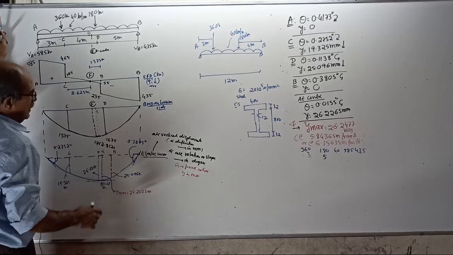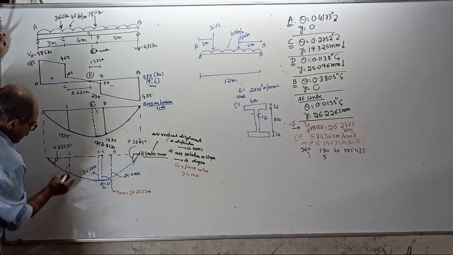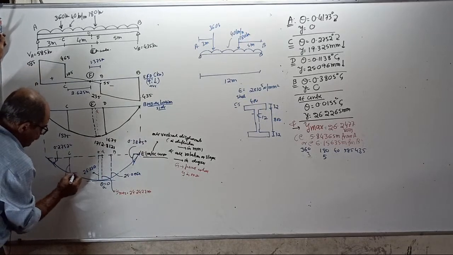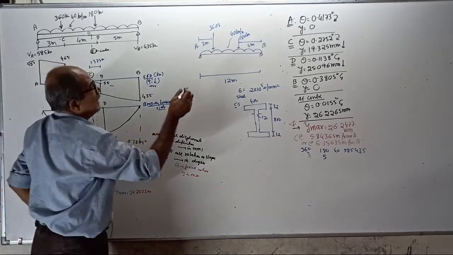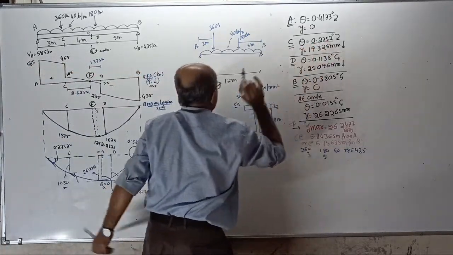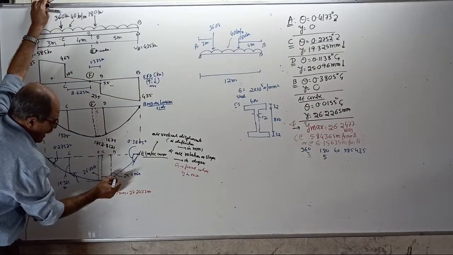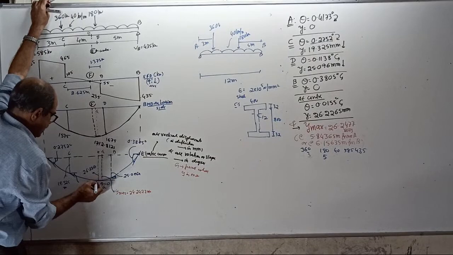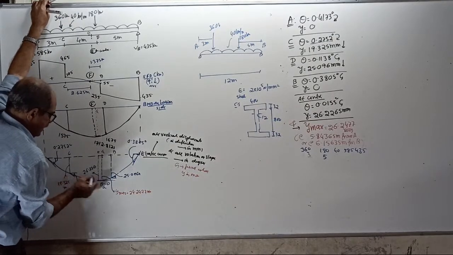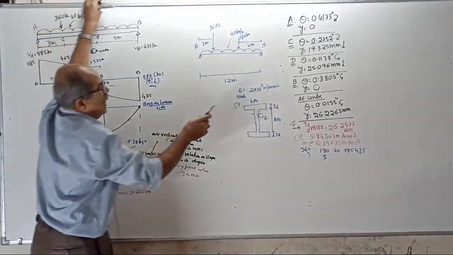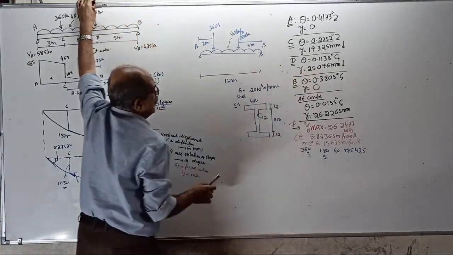And then, if I draw a tangent here, the slope will be lesser. You write the answer here. Slope at C, 0.2752. If I draw a tangent here, the slope is anti-clockwise. Whatever slope you got at D, write it, 0.1138.